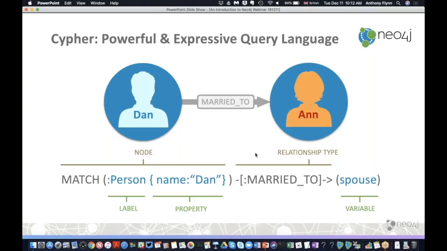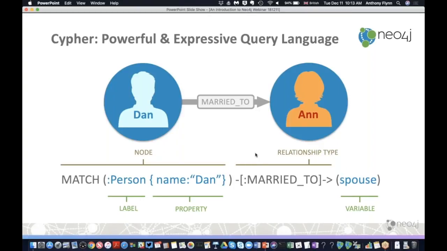And here we're looking in the database for a person with the property of the name Dan, who has a relationship to another person, and that relationship is of type married to. And this simple query will find us the name of the person who Dan is married to.